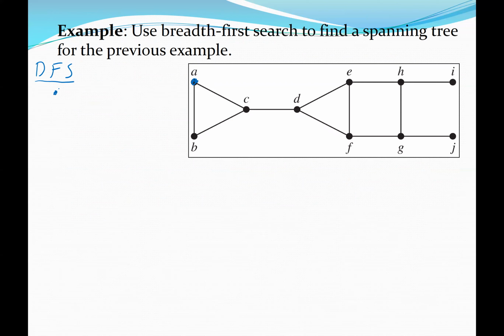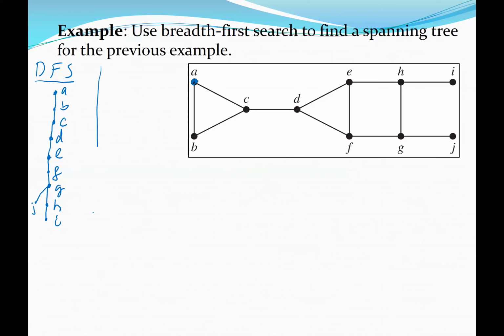We go A to B, then C, then D, then E, then F, then G, then H, then I. And we're backtracking. J is the neighbor of G, so we have J here. All right, so that's depth first search.